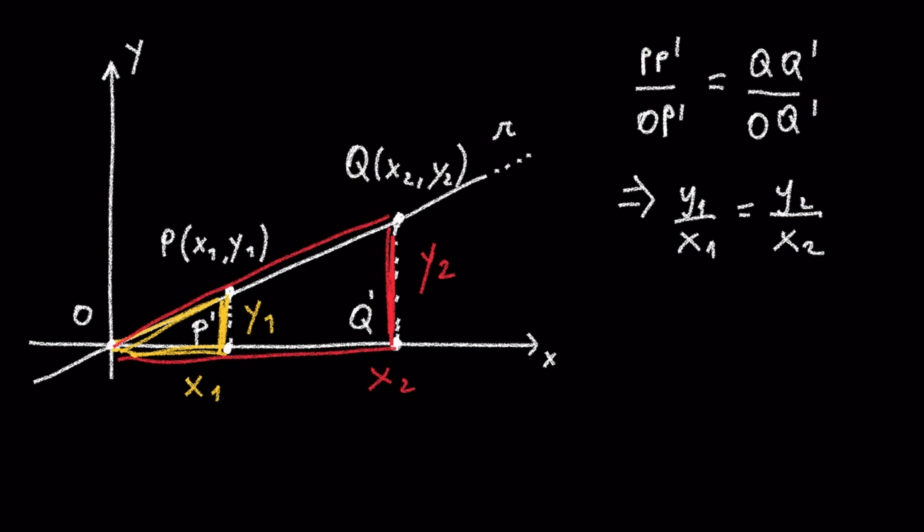Since P and Q are arbitrary, we can conclude that for all points on the line, the ratio between the y-coordinate and the x-coordinate is constant. This constant is called m.